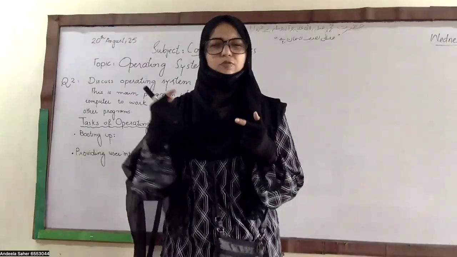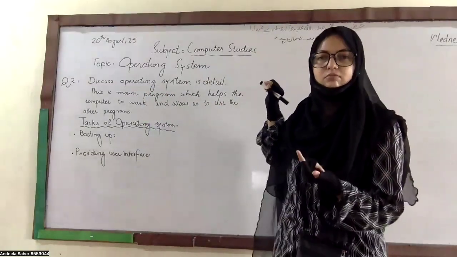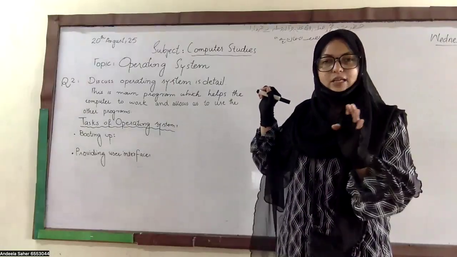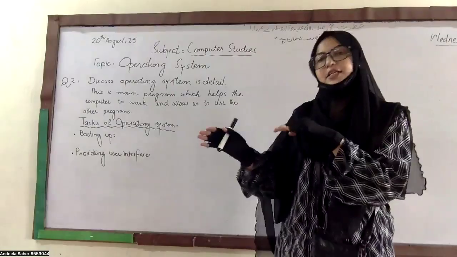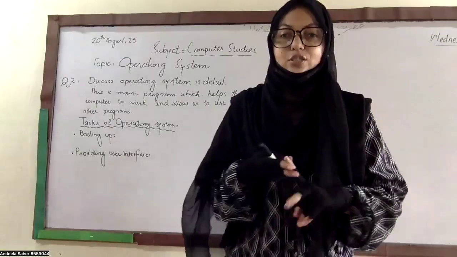I haven't told you about the types of operating system like Linux. Last time we discussed it, and you have no idea about Linux very much, so we'll discuss it later on. It is also a very vast topic. But you have an idea about Android.